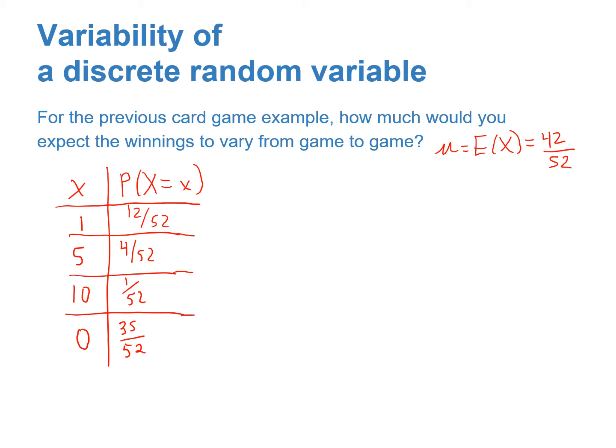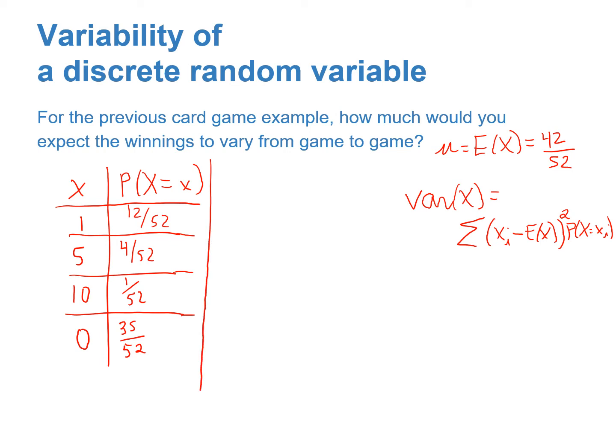Now, when we want to find the variance, remember we're going to, for each value, subtract off the expected value of X, find the deviation between that value and the mean, square that, and then multiply by the probability that X takes on that value.